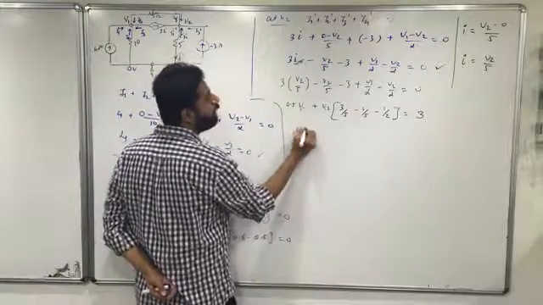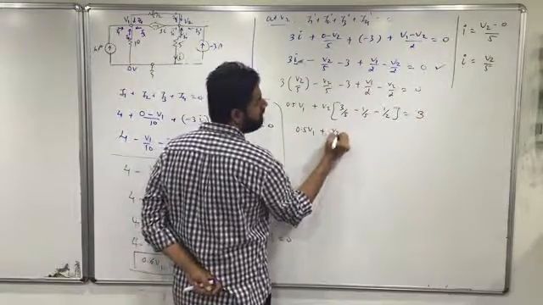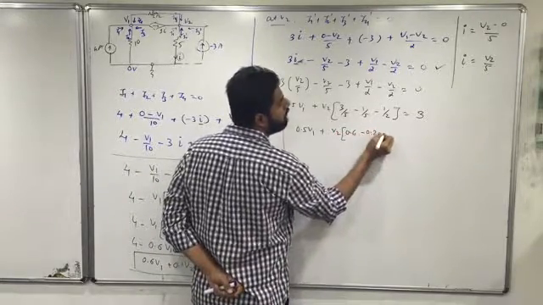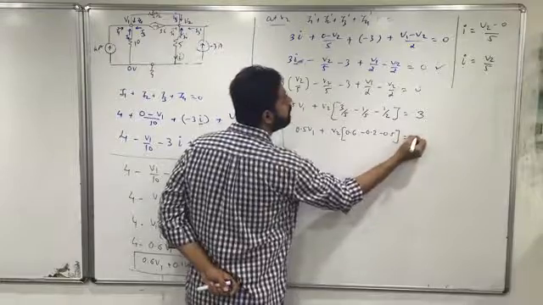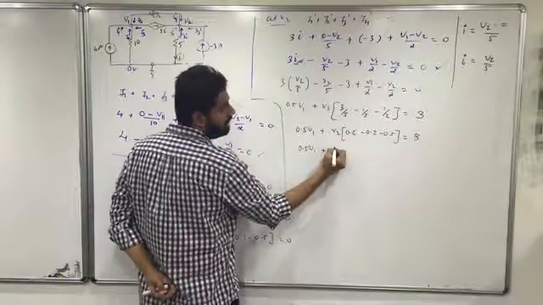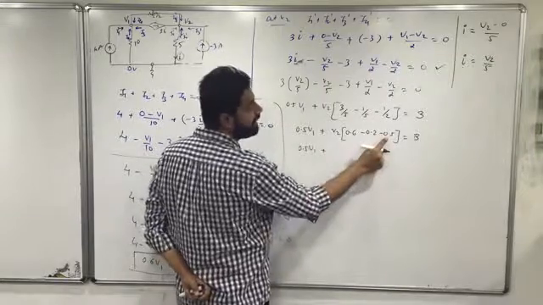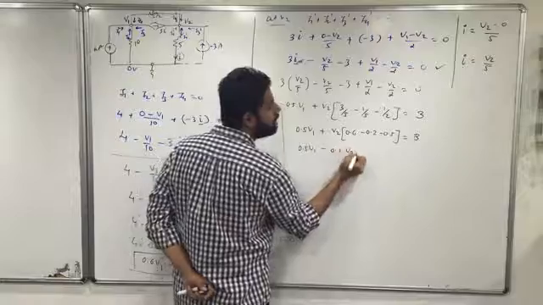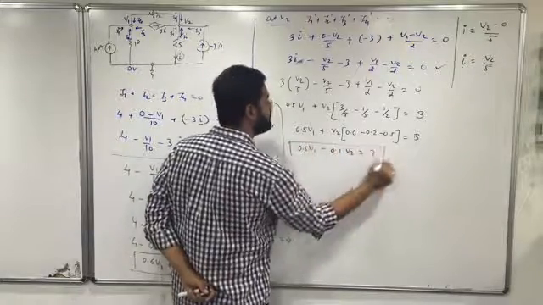So it's 0.5 V1 plus V2 into 0.6 minus 0.2 minus 0.5 is equal to 3. So I can say 0.5 V1 plus 0.6 minus 0.1, it's minus 0.1 V2 is equal to 3. So I have got another equation.